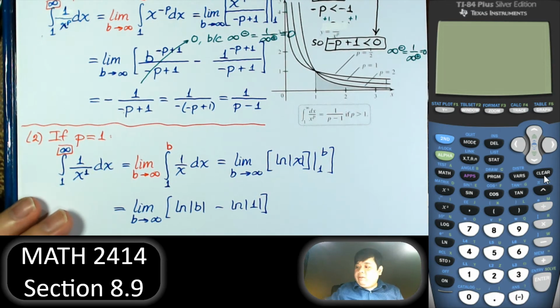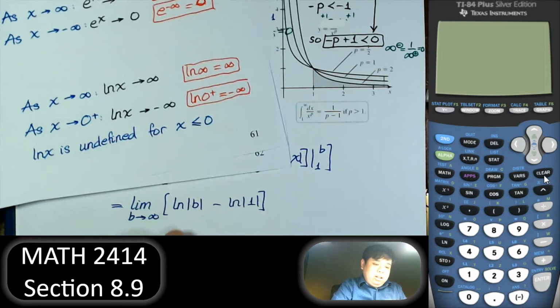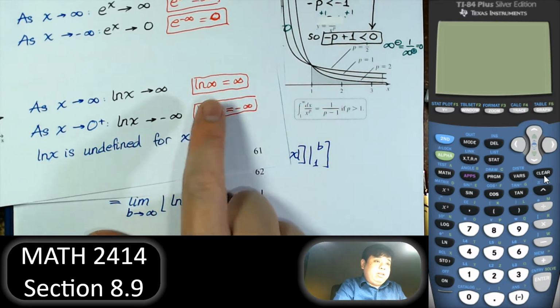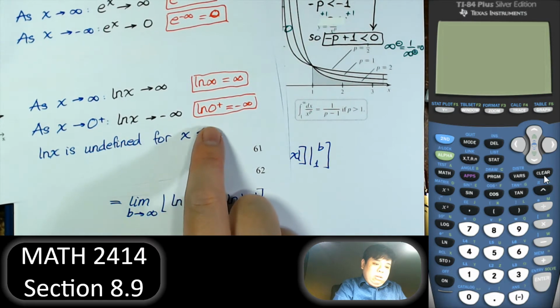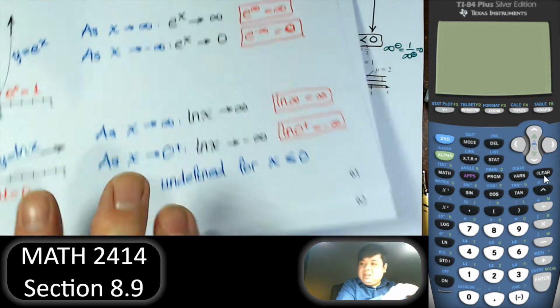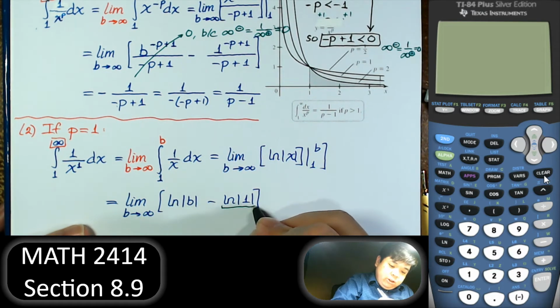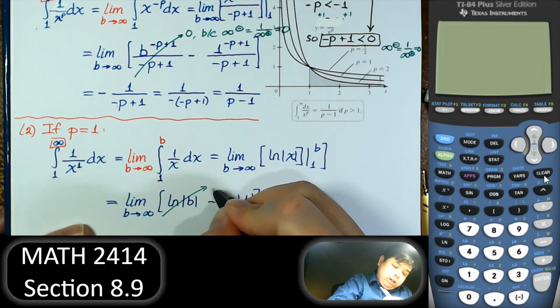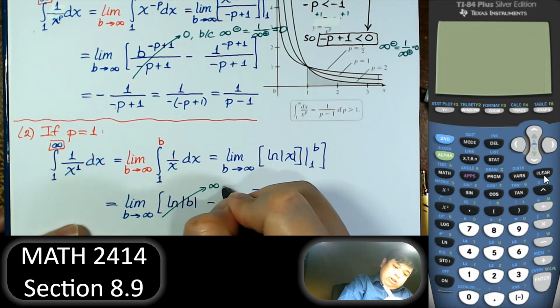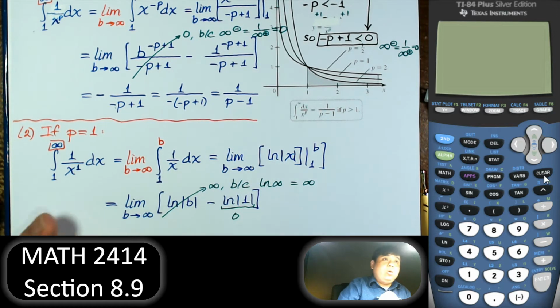Now what do we have for the ln? ln of infinity is infinity. ln of 1 is equal to 0, and that one goes to infinity because ln of infinity goes to infinity.